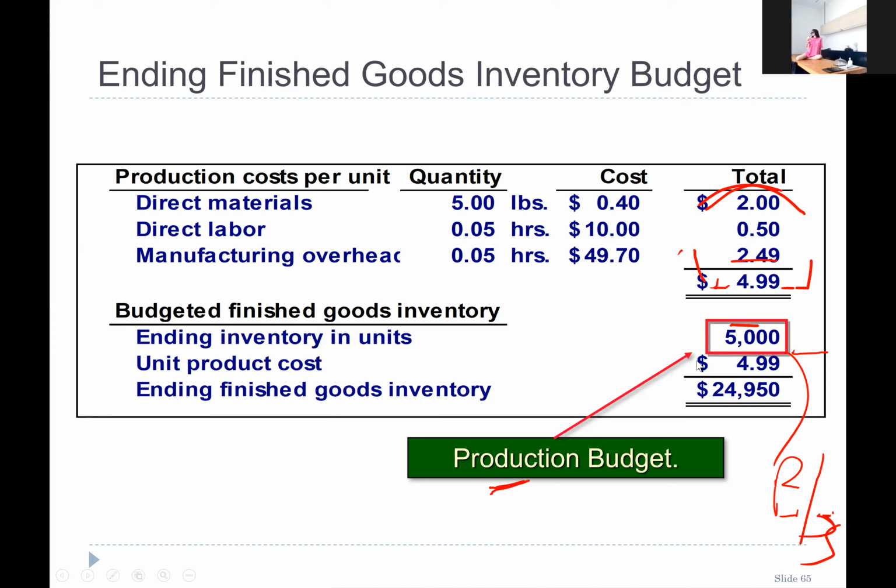Yes. Good. So that is the hardest part here, because many students confuse it and say, okay, sir, it's going to be 49.70. No, because the question says it is based on direct labor hours. And for 1 unit, how many direct labor hours are used? 0.05. So that's why we multiplied with 0.05.